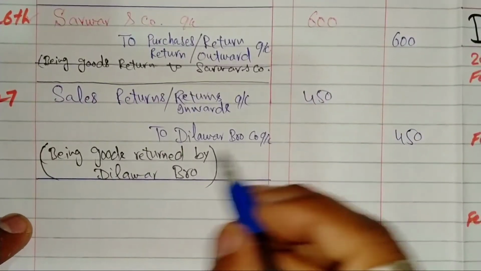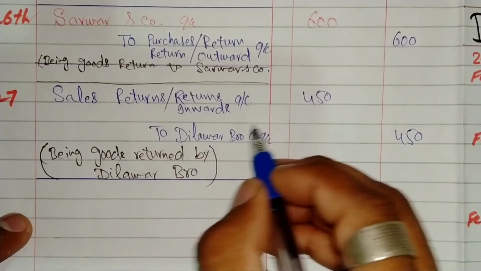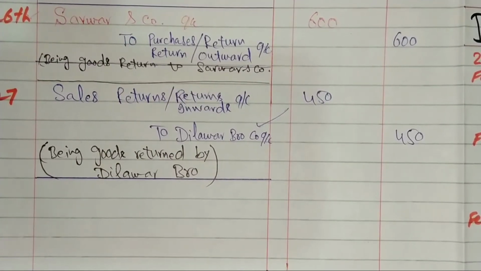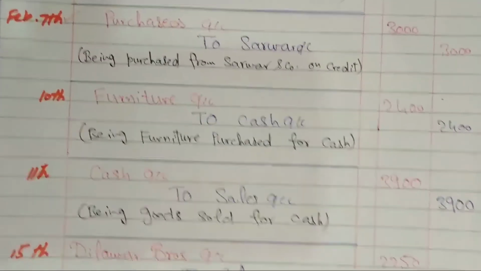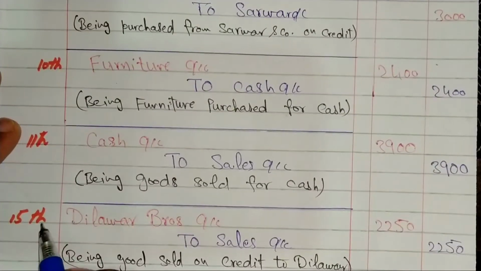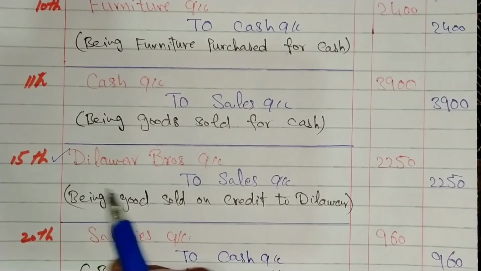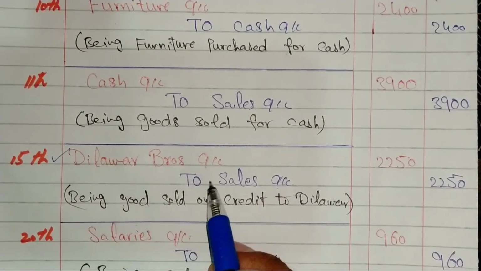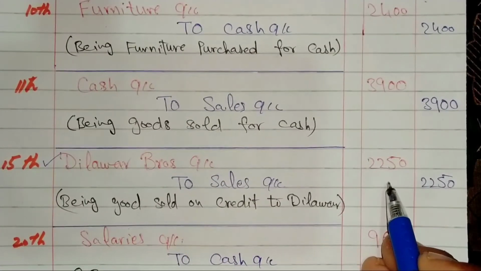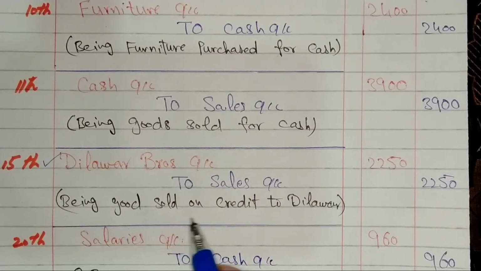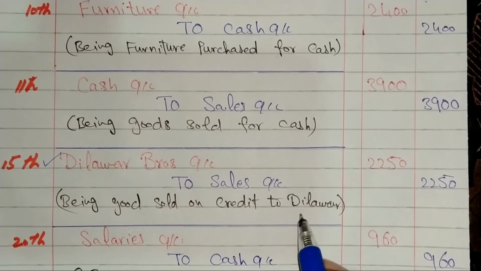After the completion of entry, now we recall the account of Dilawar Brothers. On 15th February, sales have been made by us to Dilawar Brothers amounted $2,250, being goods sold on credit to Dilawar and Company.